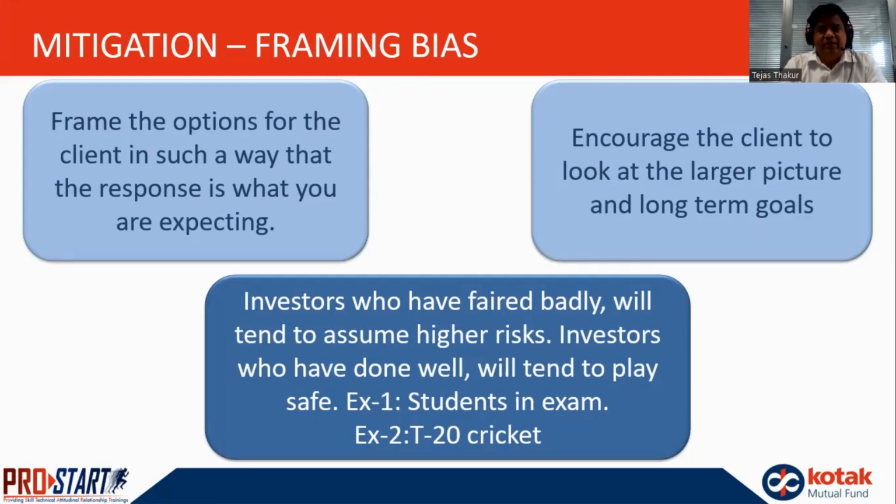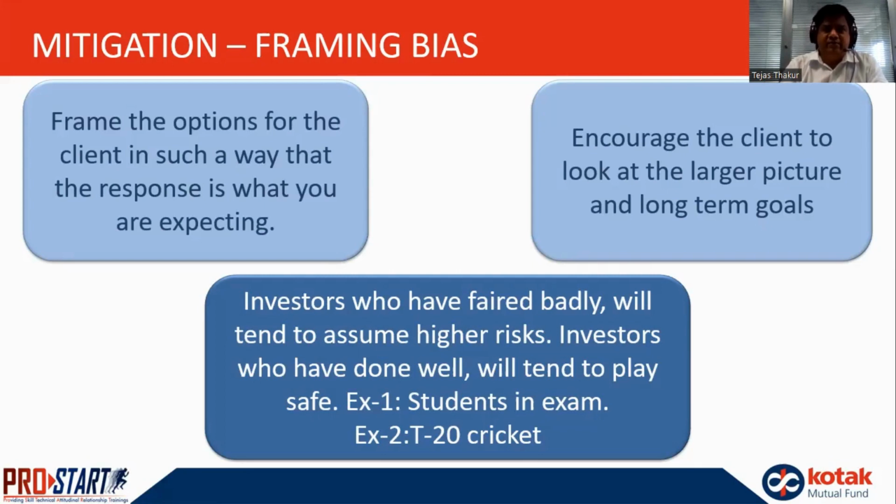Example number 2. Let's say there's a T20 match going on. There are 5 overs, or 3 overs left, and the asking run rate is 15. And there are only a couple of wickets to spare. What will the last batsmen on the crease do? They will try to hit out, 4s, 6s, all sorts of risky shots, because they know if they play defensive, anyways they're going to lose the match.